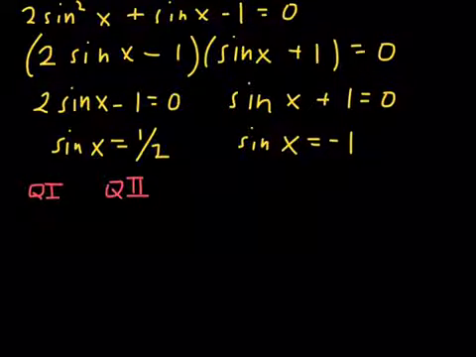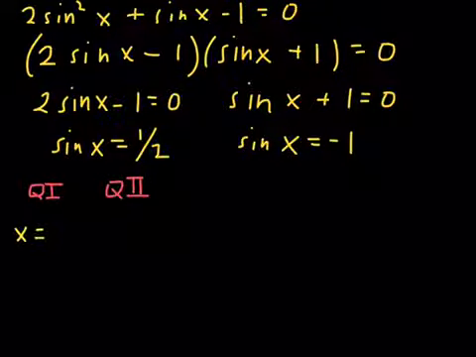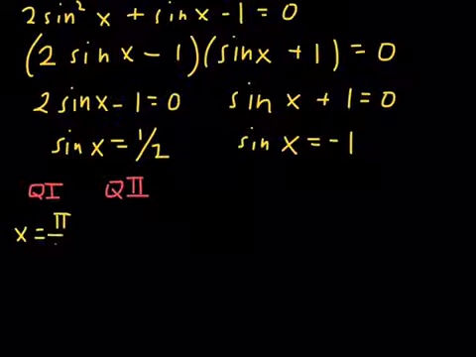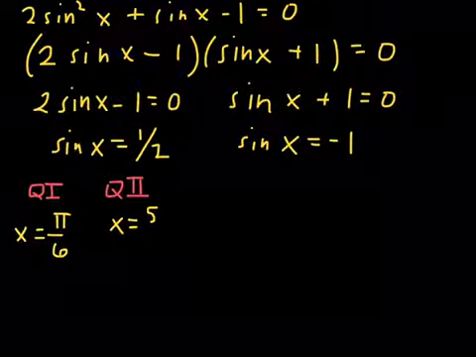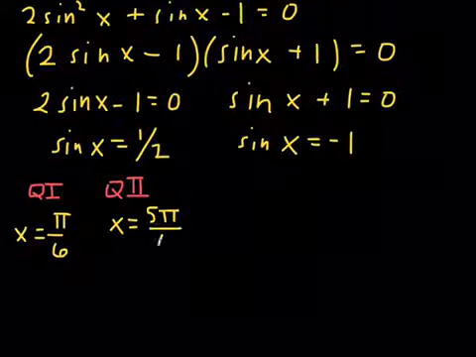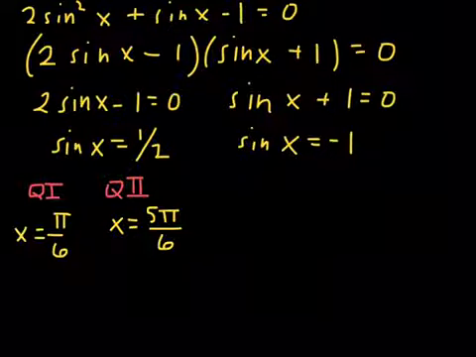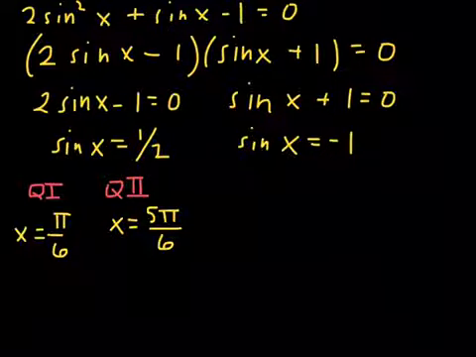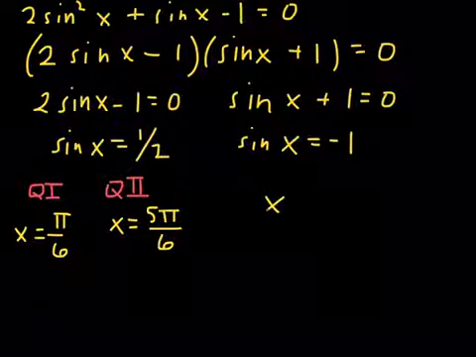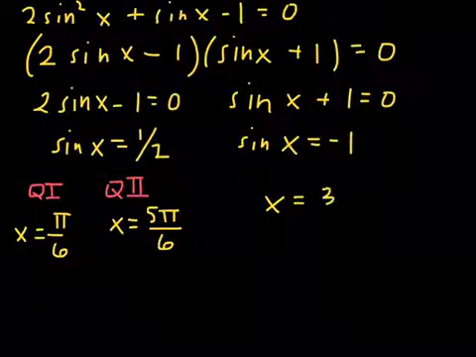So let's go to sine of x is equal to 1/2. In quadrant 1, this will occur if x is pi over 6. In quadrant 2, sine of x will be 1/2 if x is 5 pi over 6. Okay? For this one, over here, sine of x will be -1. That will be true if x is 3 pi over 2.